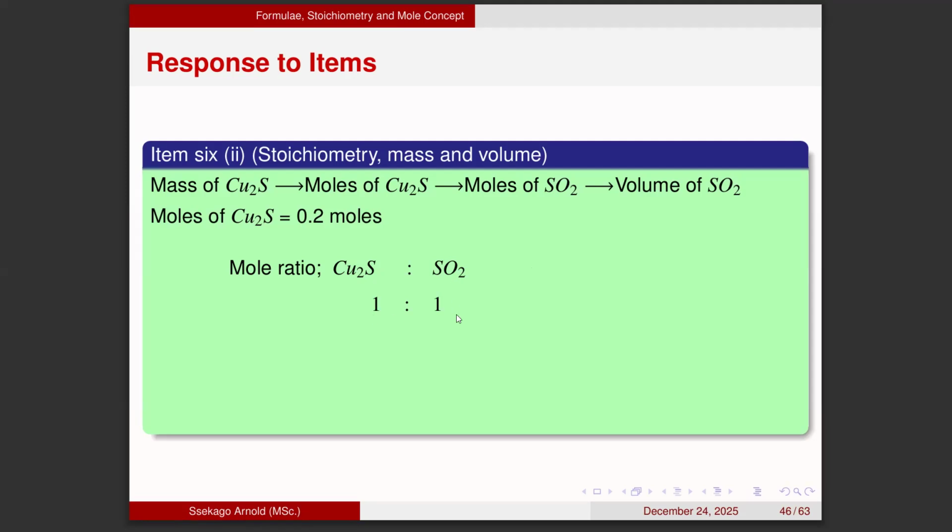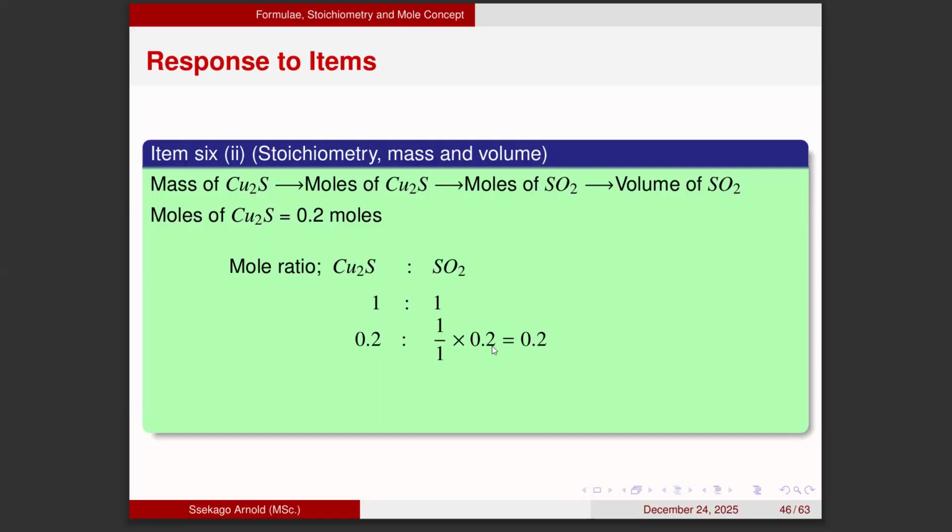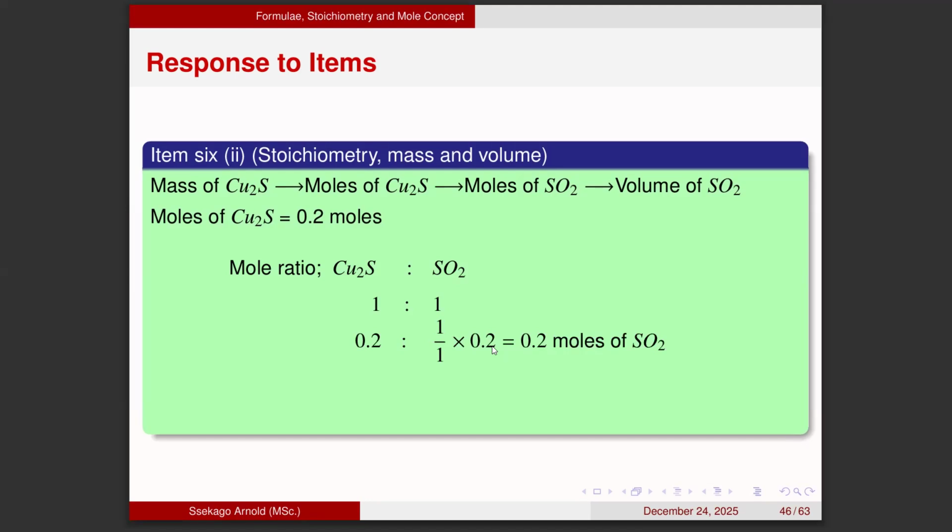Therefore, the ratio is 1 to 1. So 1 mole produces 1 mole. And as a result, if 1 mole produces 1 mole, then what of the 0.2 moles? The 0.2 moles will produce 1 over 1 times 0.2, and this gives 0.2 moles of sulfur dioxide.